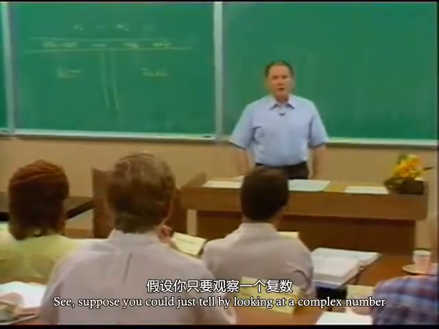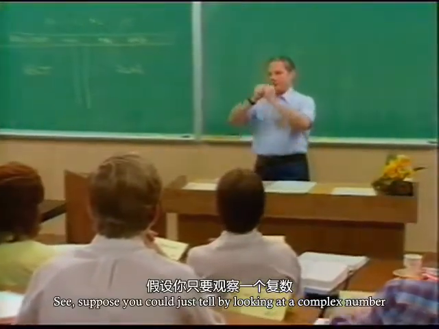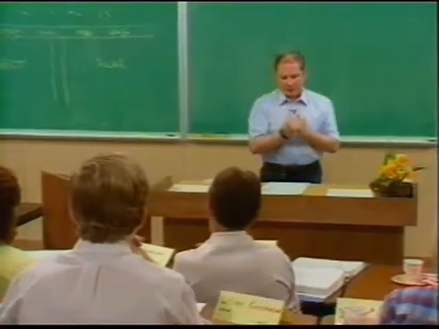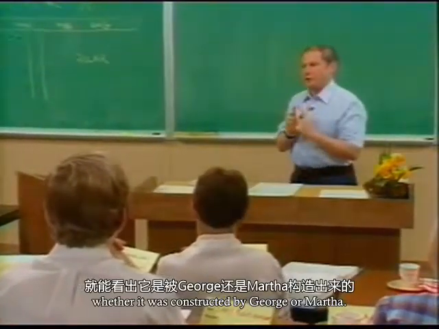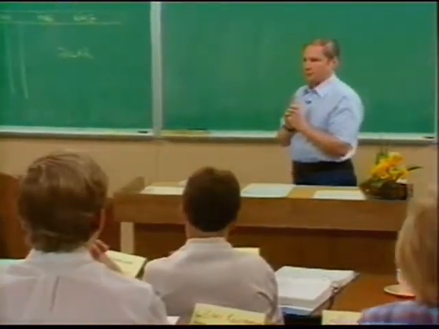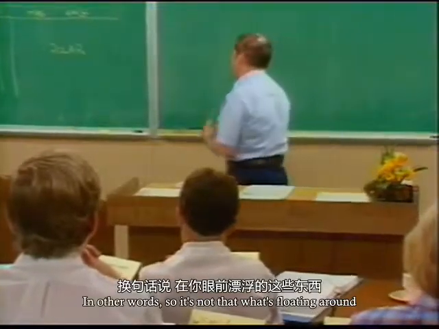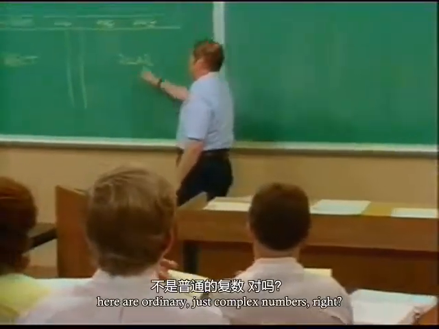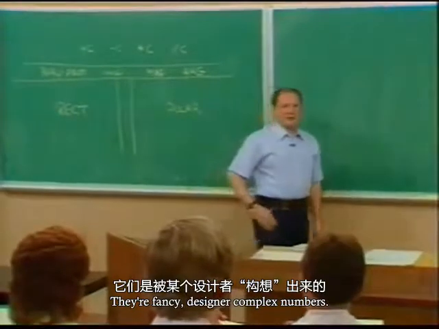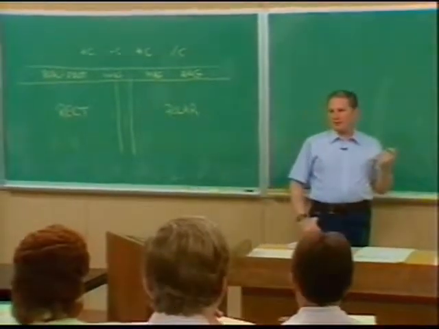See, suppose you could just tell by looking at a complex number whether it was constructed by George or Martha. In other words, it's not that what's floating around here are ordinary complex numbers, right? They're fancy designer complex numbers.